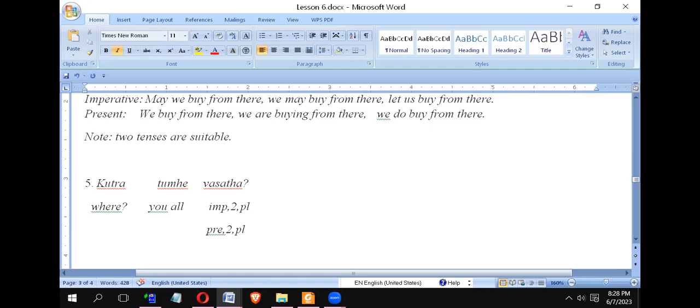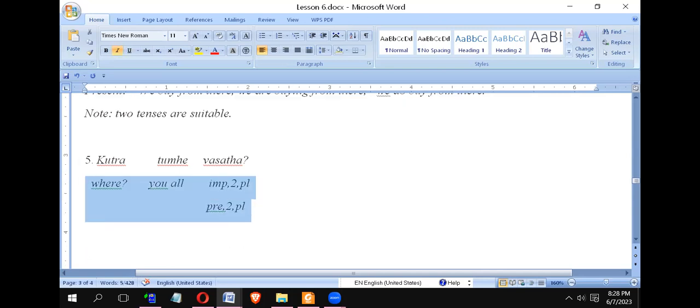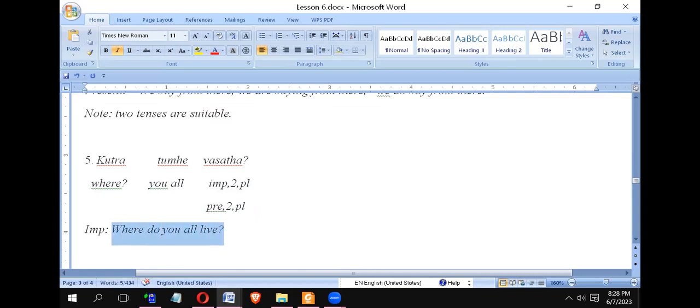So which one do you prefer? I translated it as imperative. All right, let's say you translate it as imperative. How do you translate it? Where do you all live? But does it sound like imperative here? If you translate in this way, do you think it sounds like imperative, or does it sound like present tense?